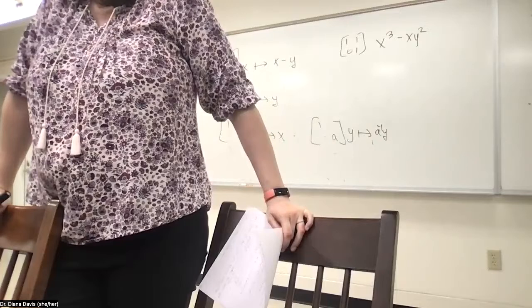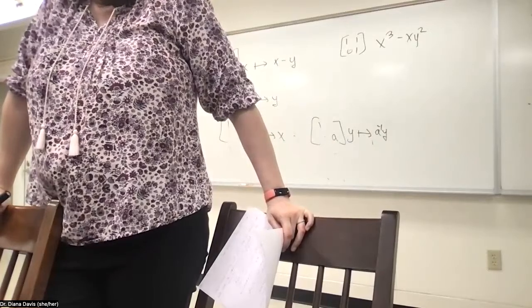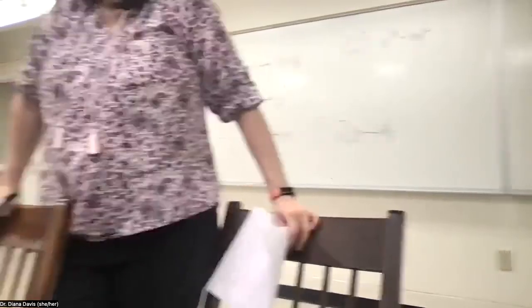I started doing the inverse first, so if you do 1, 1, 0, 1, and you do the inverse, don't you get 1, 1, 0, negative 1, 1? And then when you do the transpose, doesn't the negative 1 come up here? So shouldn't it be 1, 2, 0, 1?